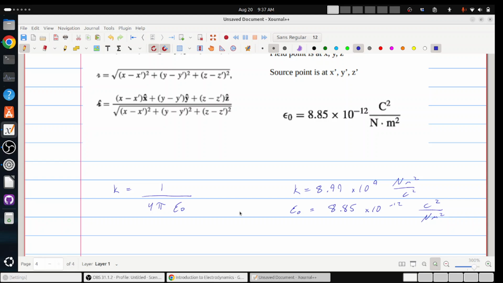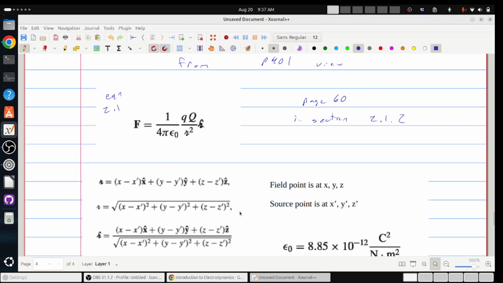Okay, other differences between these two equations. It uses little q and big Q instead of Q1 and Q2.